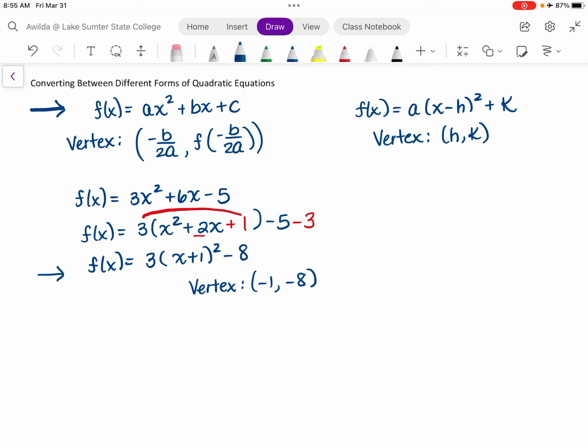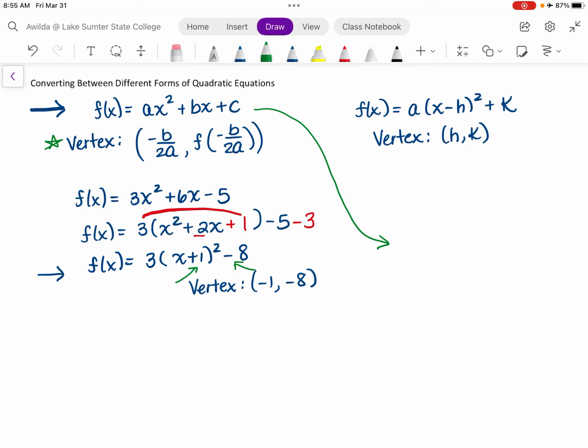Notice that negative 1 is what we are subtracting from x, right? x minus a negative 1 becomes x plus 1. And then negative 8 is what we are adding at the end. And so the vertex is negative 1 comma negative 8. Notice that that's exactly what we get if we apply this relationship here.